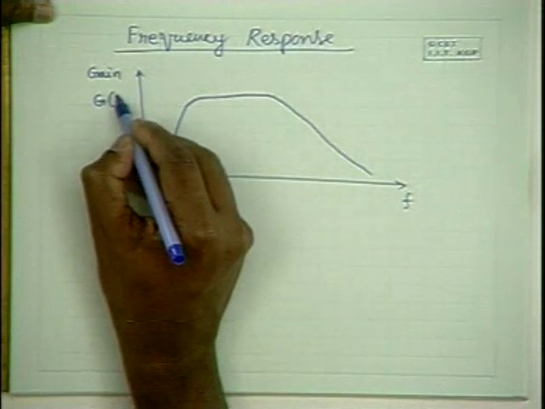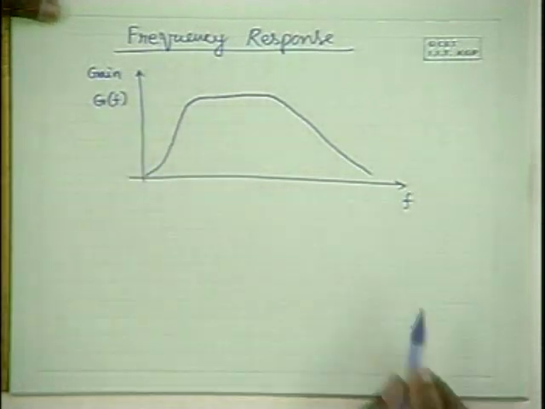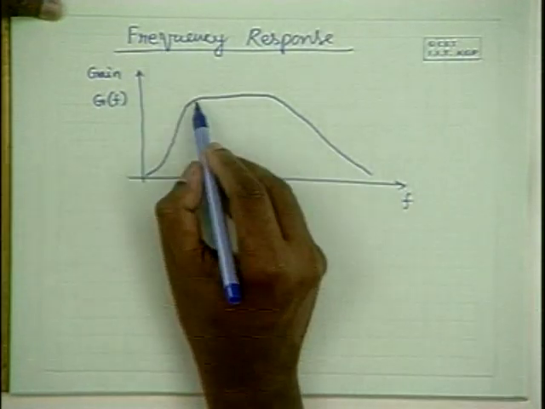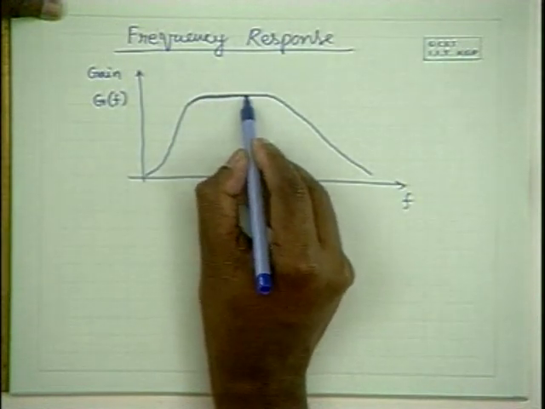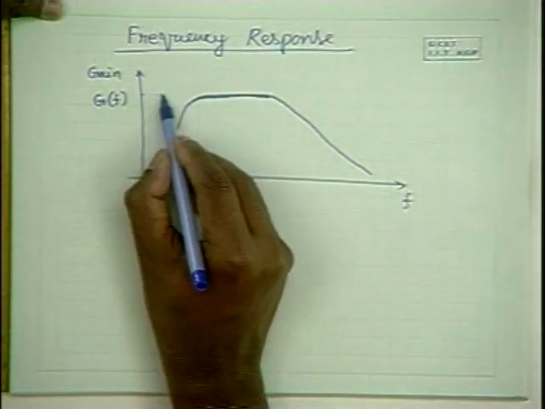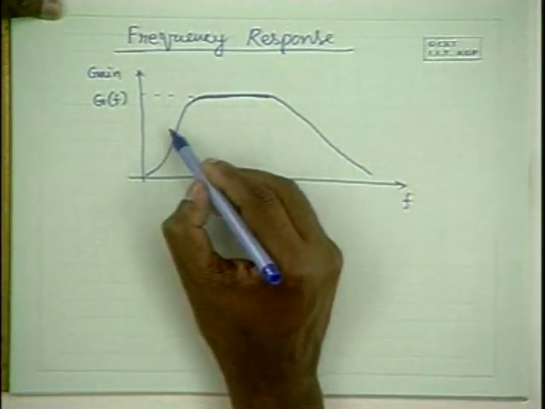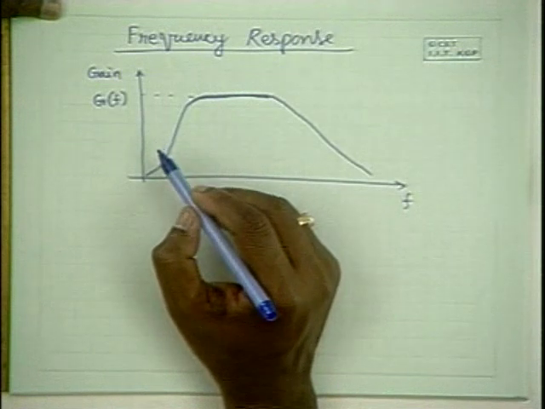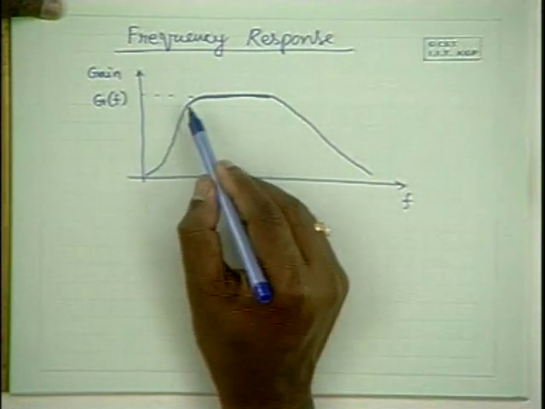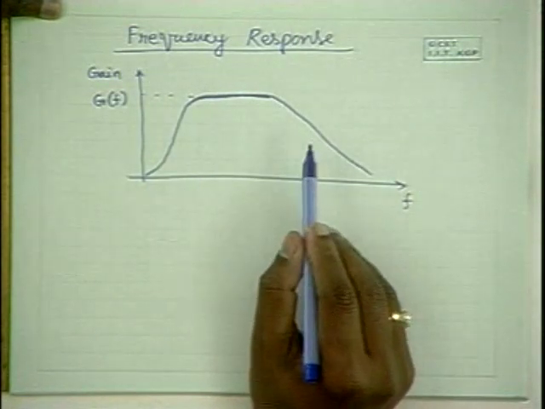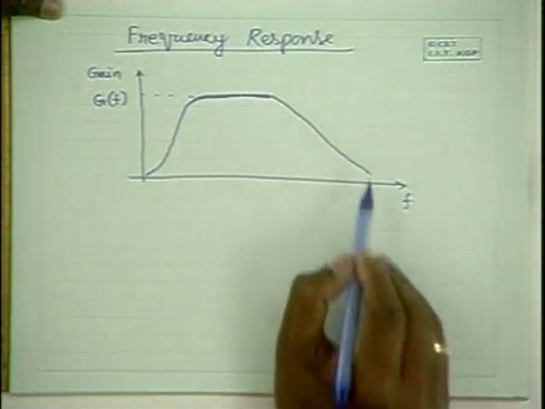So G is no longer independent of frequency. G is going to be a function of frequency. At the mid-band frequencies, the gain is maximum, and at low frequencies and high frequencies, gain falls. At low frequencies, the coupling capacitances matter, and that's why the gain falls. And at high frequencies, the junction capacitances matter, and that's why the gain falls.